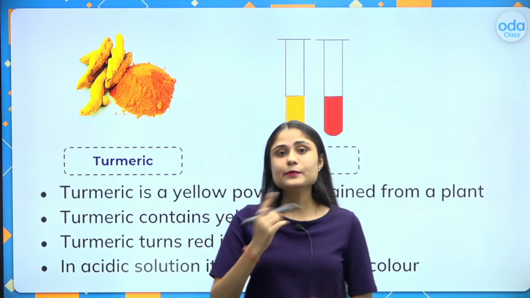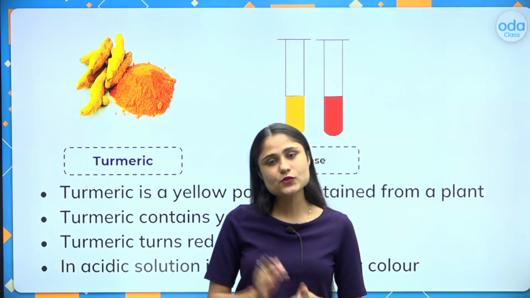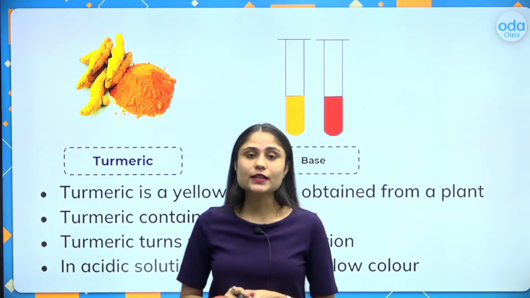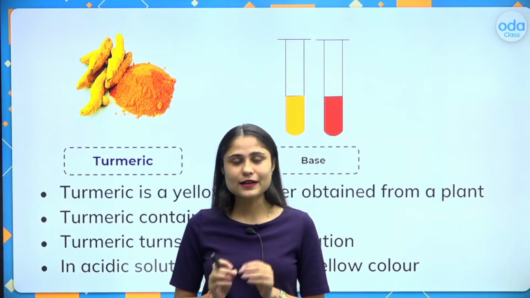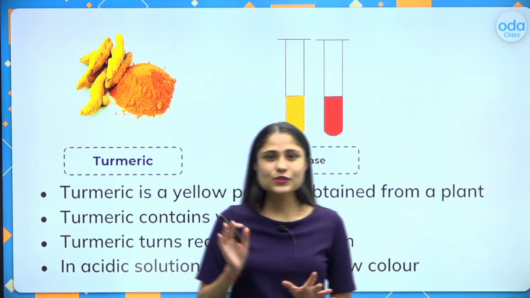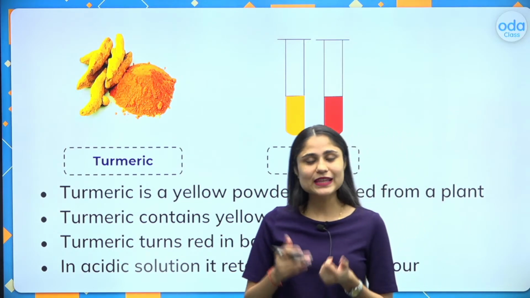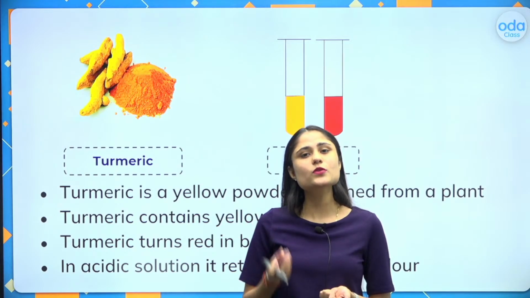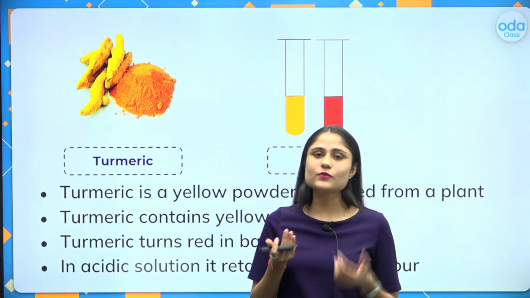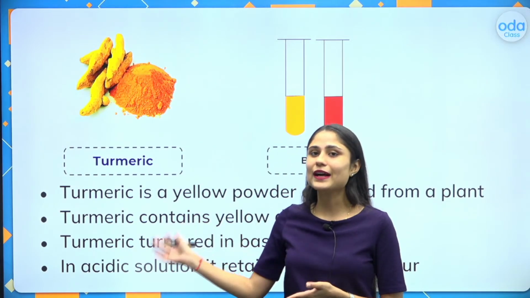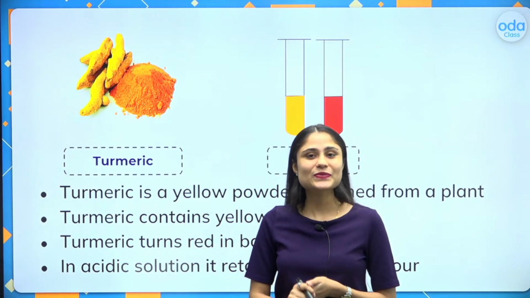However, when we add a base to it, or when it interacts with a base, it will turn red in color. I hope it is clear to everyone. So in acid, it's yellow, in base, it's red. That is how you can find out the nature of a substance, whether it is acidic or basic, simply by adding turmeric to it, right?